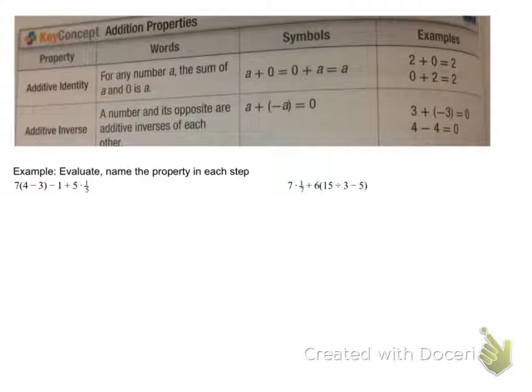So 4 minus 3. Is there any particular property that happens there? First of all, what is 4 minus 3? It's 1. I'm going to leave everything else the same, especially since I am trying to name my property. So the property of that happened here? Rich?